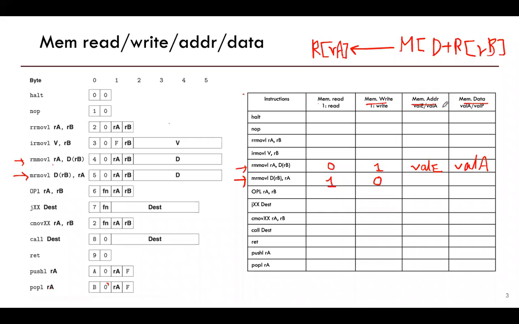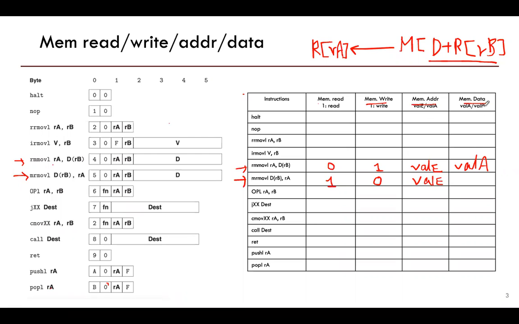And then for address selection, where is the address? The address comes from this equation, and this equation should be computed. So these values should go to the execution unit, be computed, and then output through value E. Okay, so it should be value E as well.